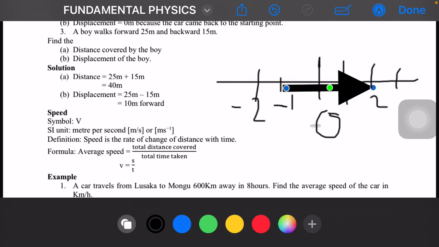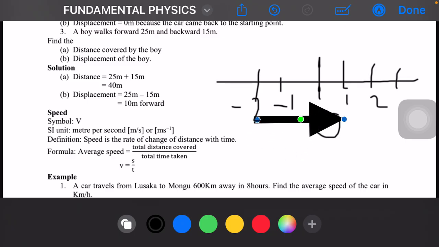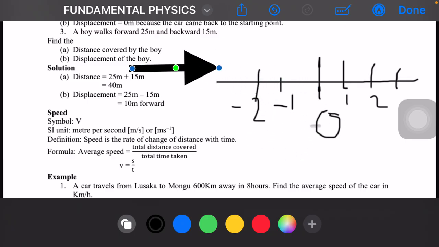Then the boy walked backwards 2 meters again, which means you still end up at the starting point. Hence, our displacement will be 0. That's how displacement works.